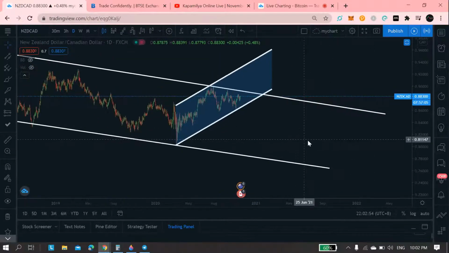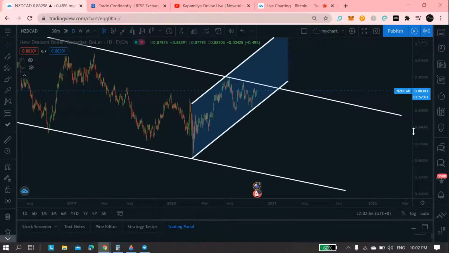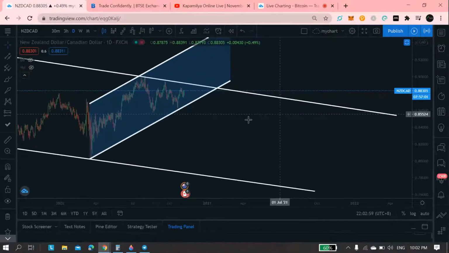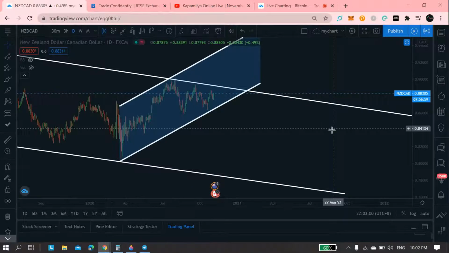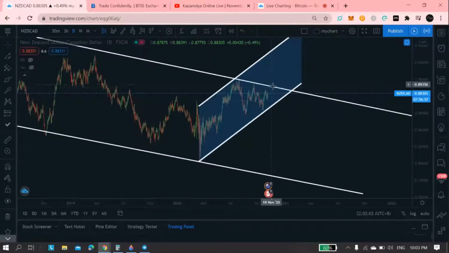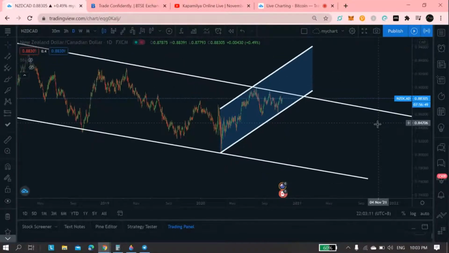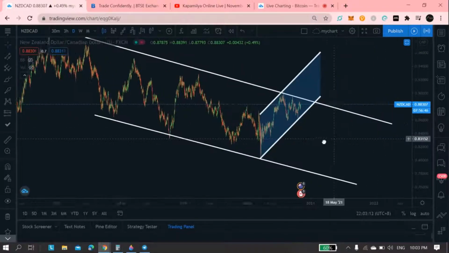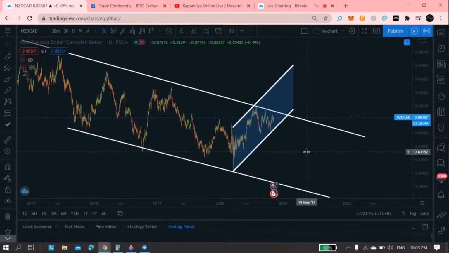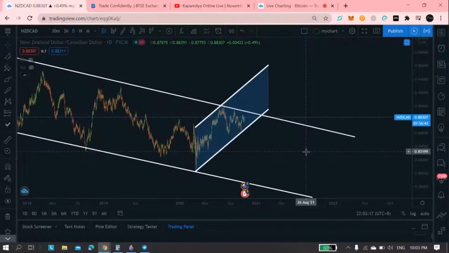But if you look at this area, it might not be a rewarding trade because it's already near the resistance. I'll just wait for it to break this area before I go long, because there's only a limited possible reward.